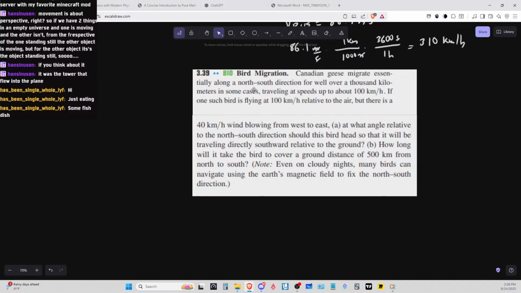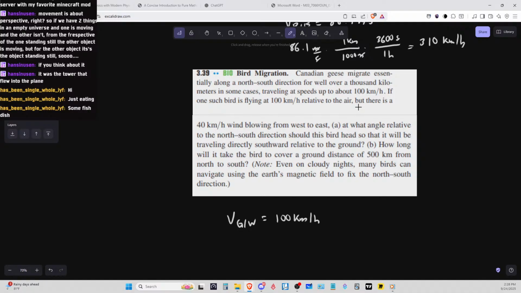Migrate essentially along a north to south direction. So the velocity of the geese in the wind is, well, technically it's relative to the air, but you guys get what I mean. 100 kilometers per hour.